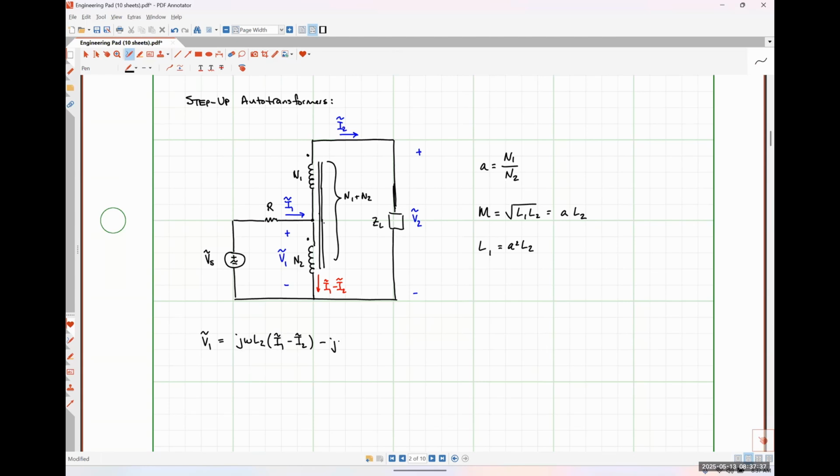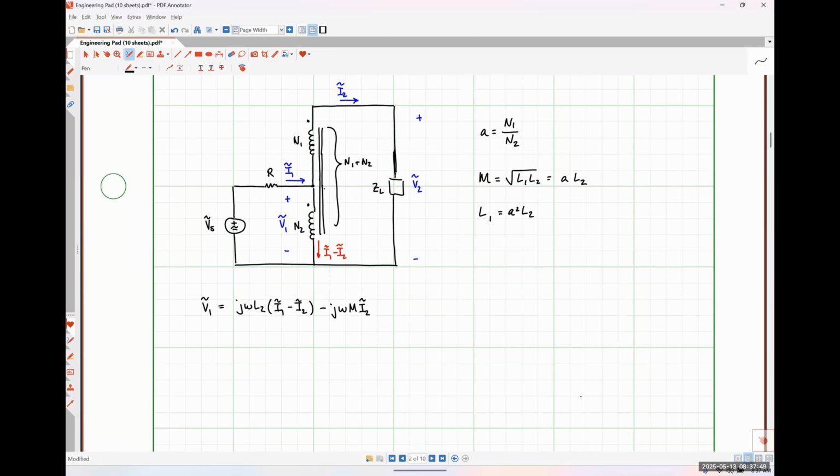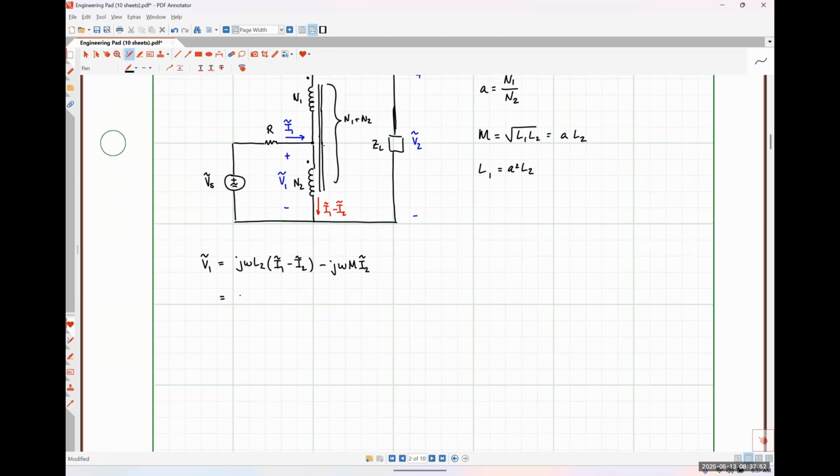That's going to look like j omega M times I2. Now we can substitute in that M is equal to A times L2. So we would have j omega L2 times I1 minus j omega L2 times I2 minus j omega A L2 times I2, like so. Are you guys okay with this algebra that I've done here?